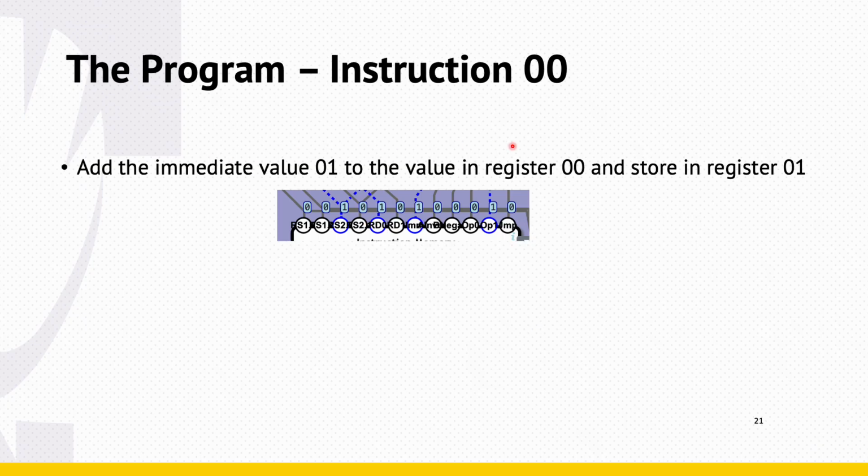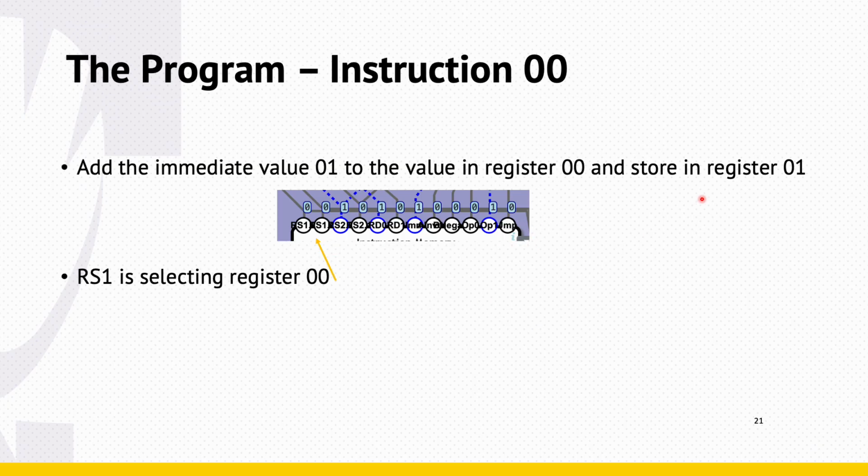What we have is a register that is always 0, and we have the ability to add. So we're going to select register 0 with our RS1 bits, and set our ALU up to do addition. This adds the immediate value 1 to the always-0 register, and then stores the result in register 1. That's what this instruction does.